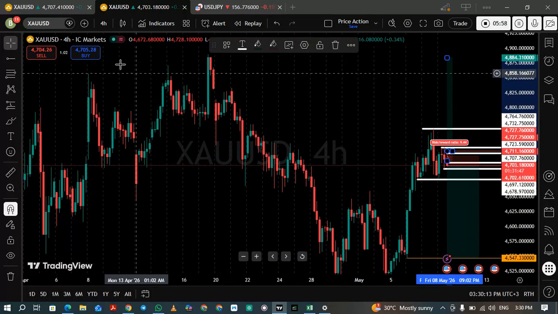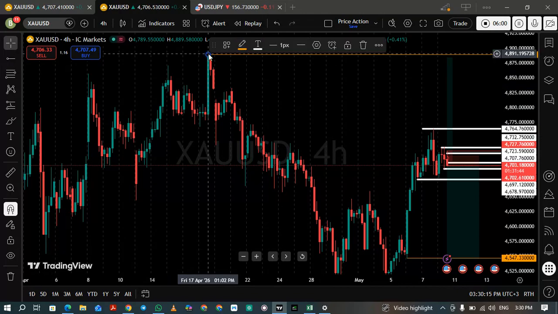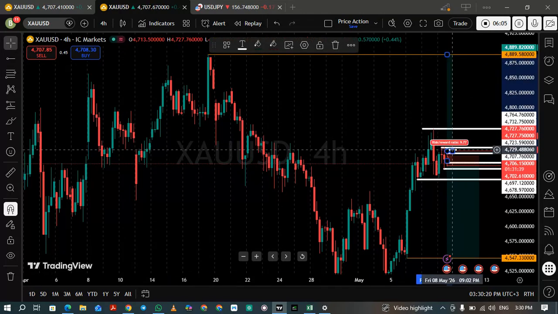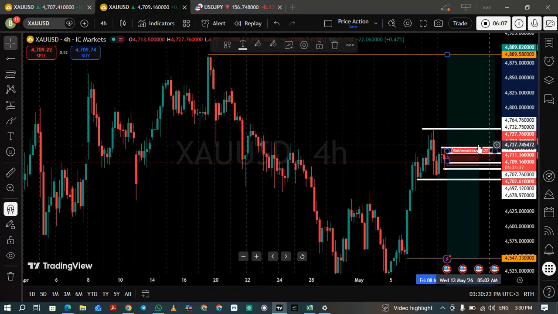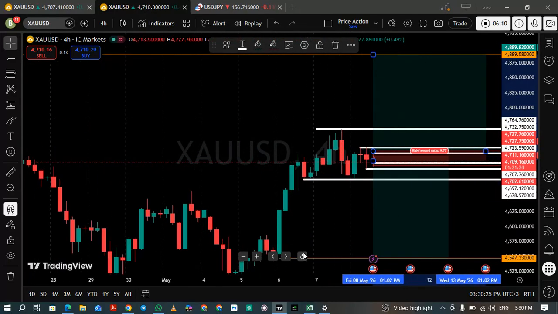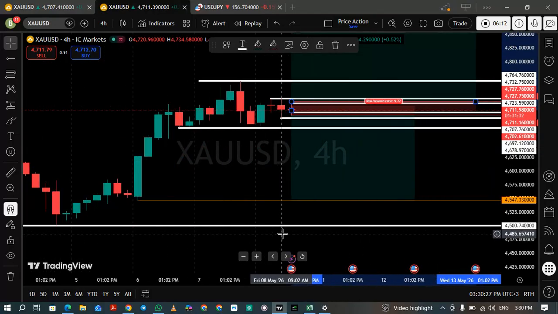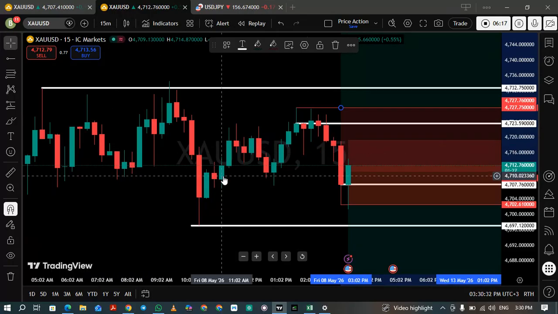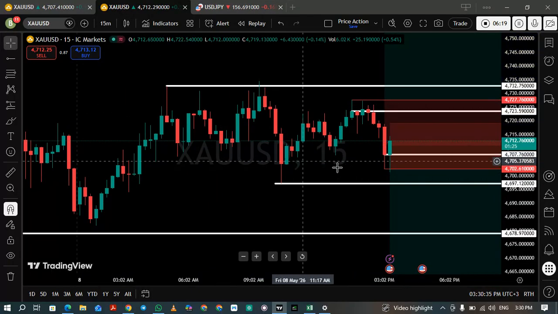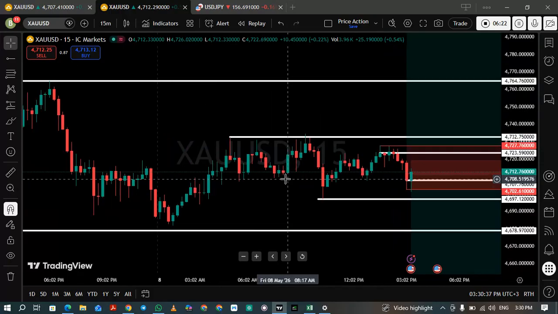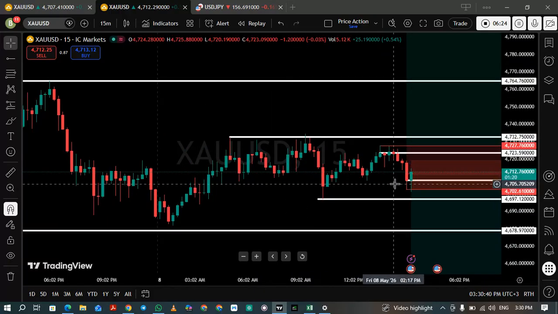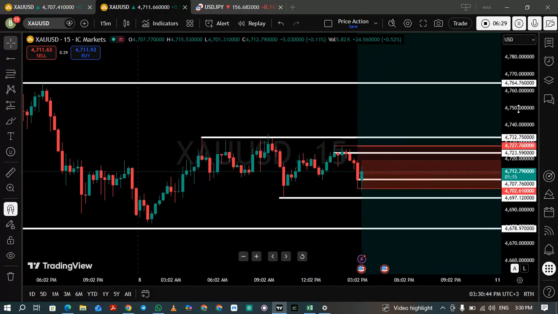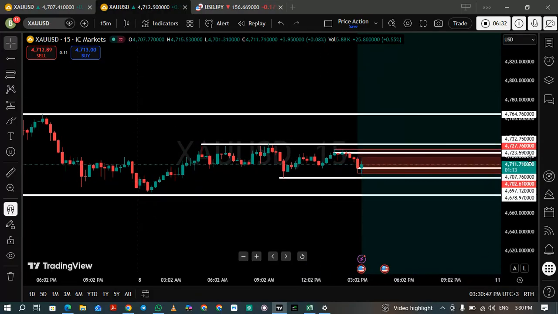Push it all the way up to there. So this is how I trade the NFP. This is how I would trade the NFP today.